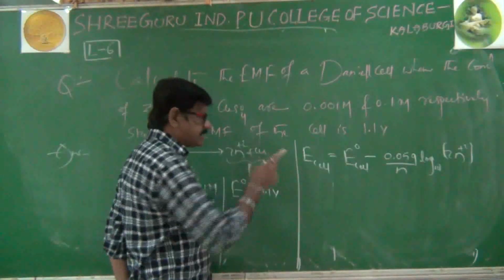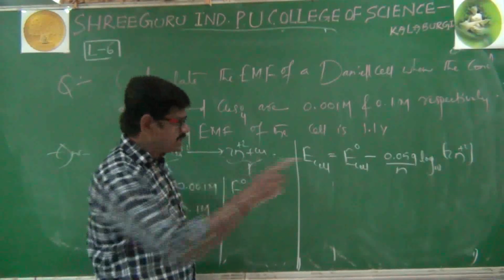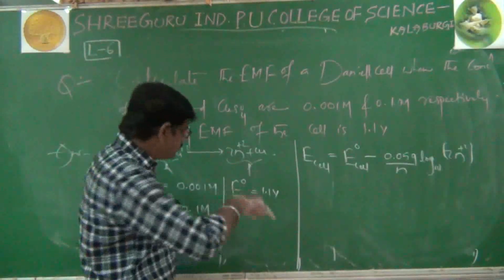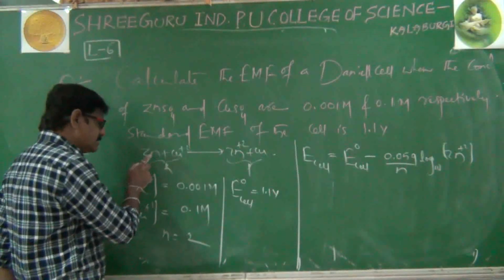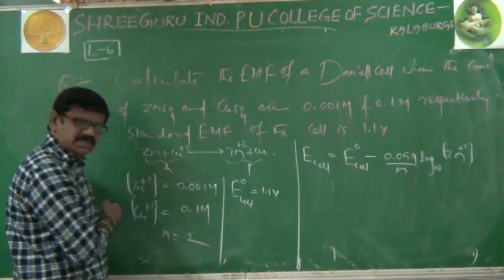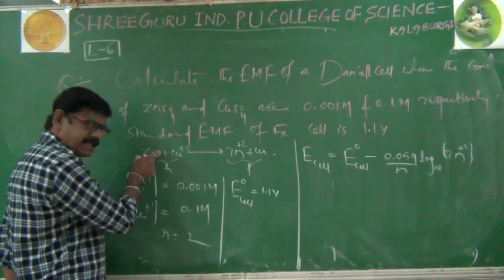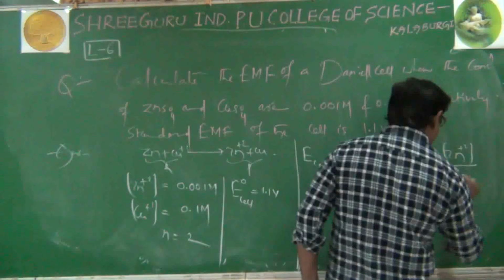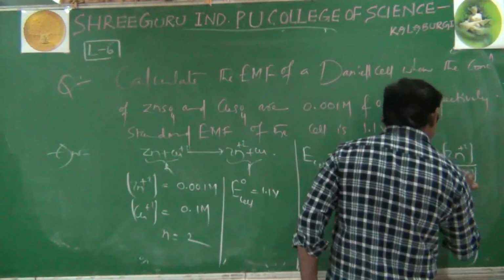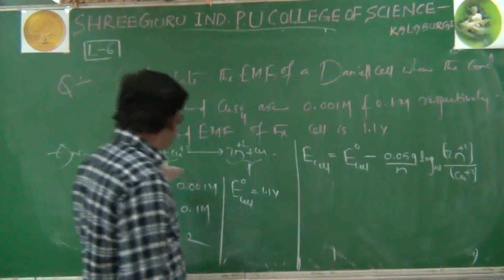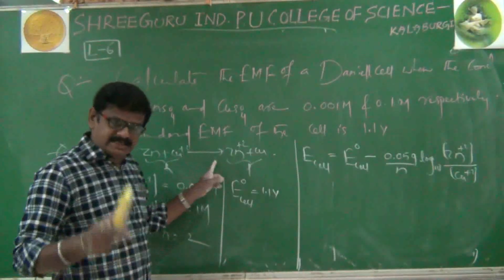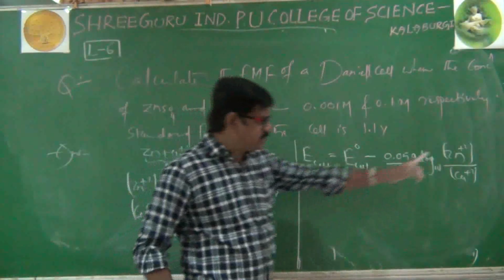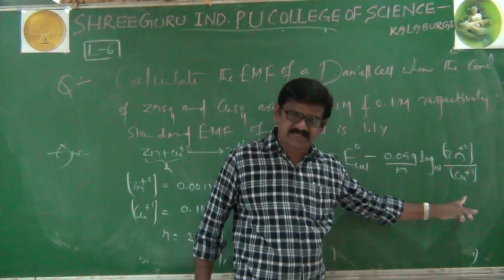But metal concentrations will be taken as 1 unit, that's why no need to write here. Divided by Zn concentration as well as Cu plus 2 concentration. But Zn is a metal, its value is 1, so we will write Cu plus 2 concentration only. See, after writing the net cell reaction only, we can identify which is a product as well as which is a reactant.